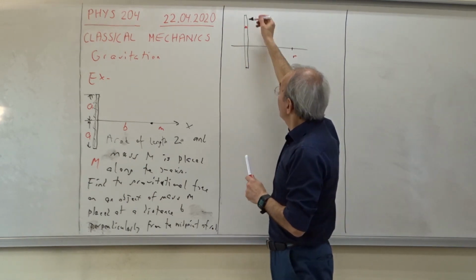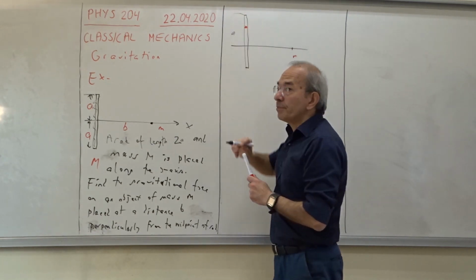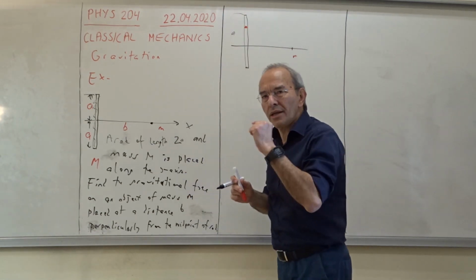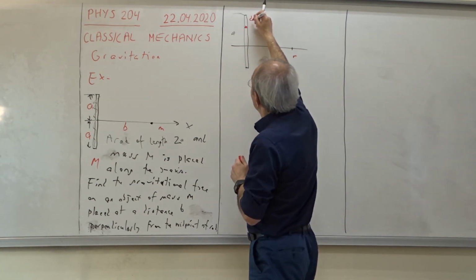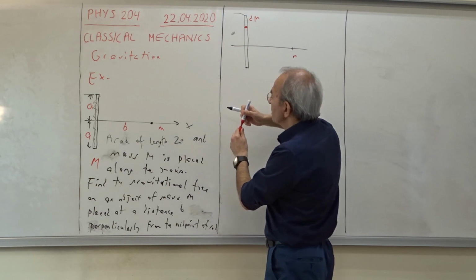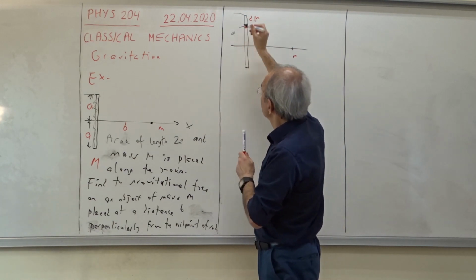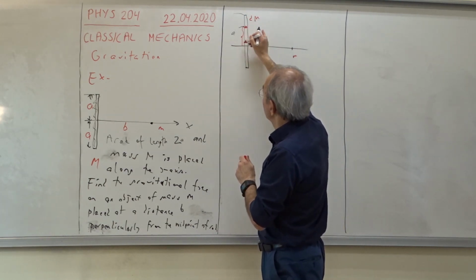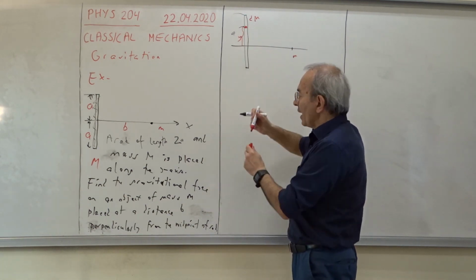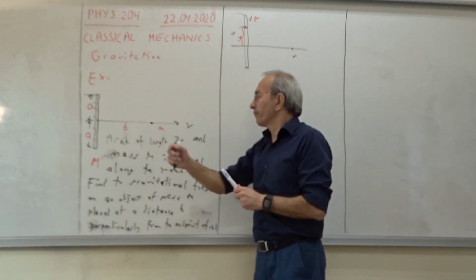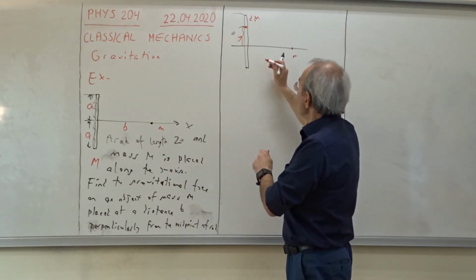We know the full length, a, but we are interested in a very small mass element dm, d capital M, at a distance y, for instance. So this distance, let's say, is y. But the other length is fixed. It is called b. So this is the distance b, horizontally.